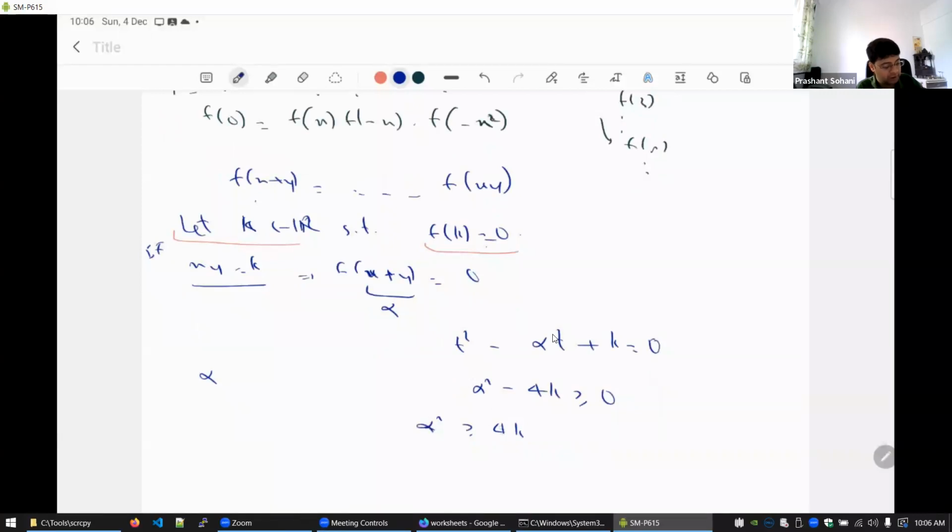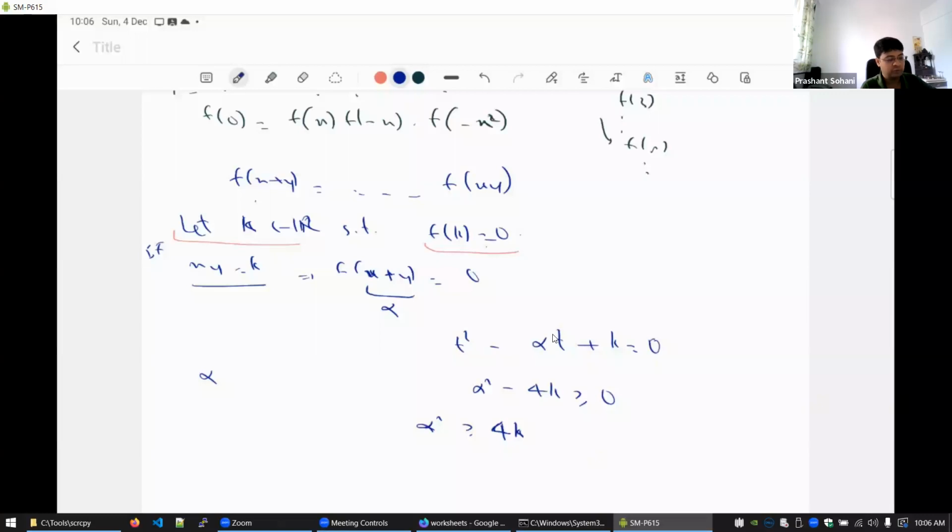Now this interestingly depends on the value of k. Suppose k is negative, then do you see we are done? Yes, sir. If k is negative, then alpha square can be any non-negative value, and that means alpha can be any real number that we want.